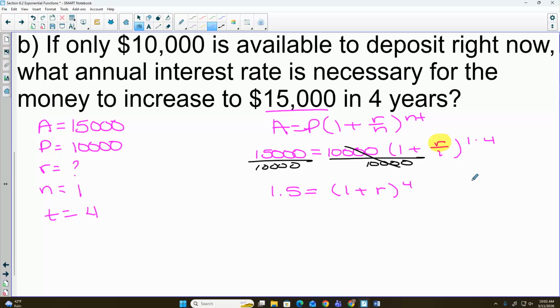How do we get rid of a 4th power? We would take the 4th root, right? Typically with an even root we do plus or minus, but an interest rate can't be negative, so we don't have to worry about that. So then to get R by itself, we subtract our 1. So I have the 4th root of 1.5 minus 1.